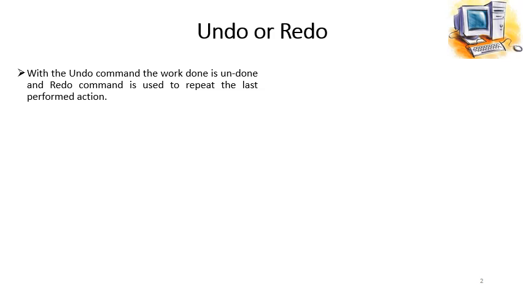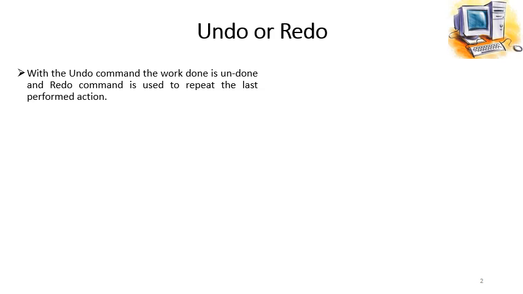And once we undo any performed action, and suddenly after that we realize that the action which was performed was actually a correct one and should not have been undone, in that case we don't have to worry, we also have the function of redo.